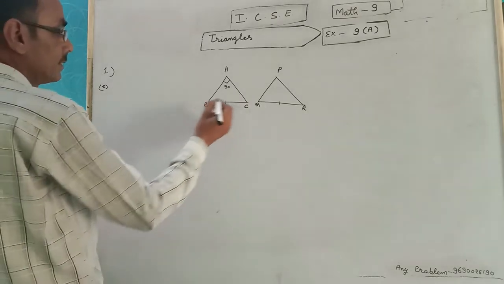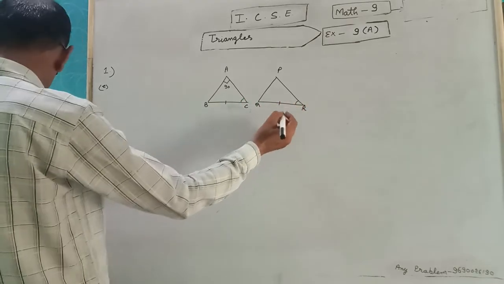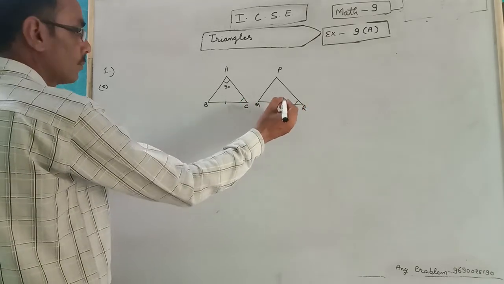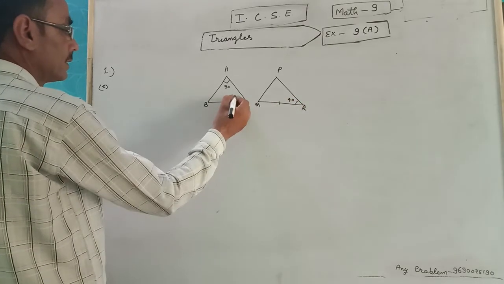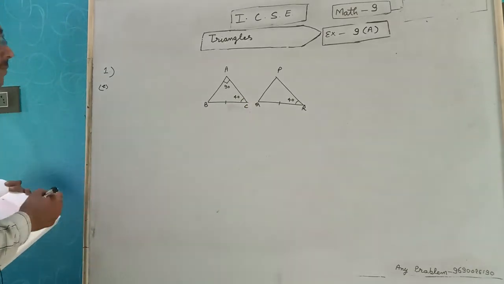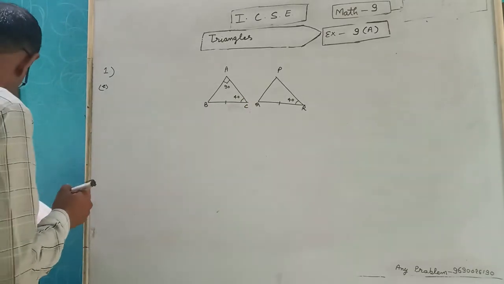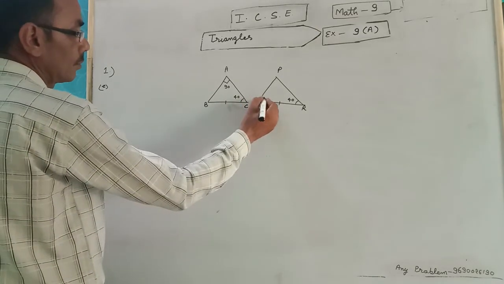Angle C equal angle R, both value is 40. And angle Q is equal to 50.